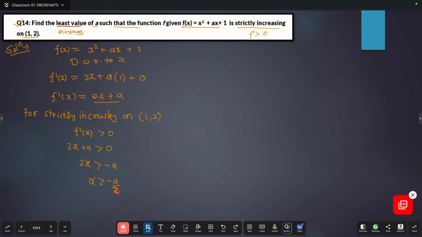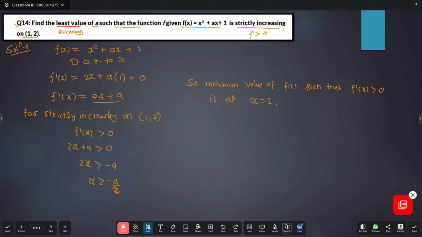And we want a minimum value. The minimum value we will get exactly at 1. So the minimum value such that f dash x is greater than 0 is at x equals 1.